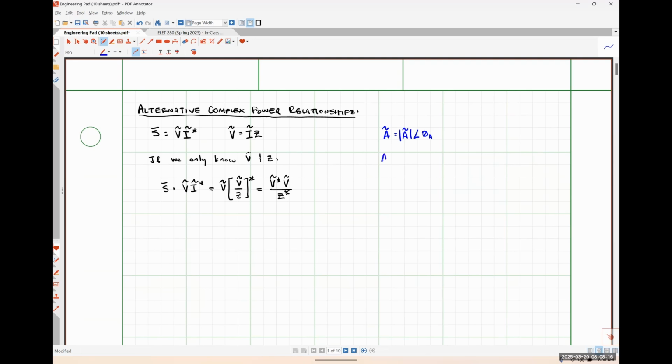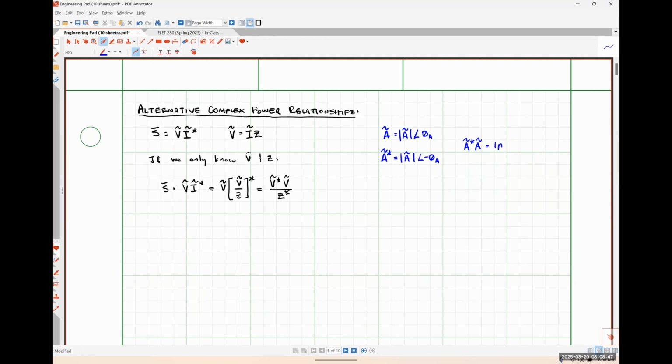If I had a conjugate, or if I wanted a conjugate, what would that be? So exact same thing, except we would flip the sign on the angle. Exactly right. So we would have the magnitude of A with an angle of negative theta A. So if I were to multiply these two things together, what would I wind up getting?